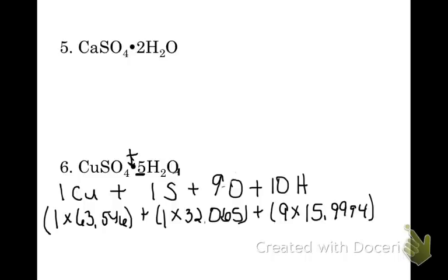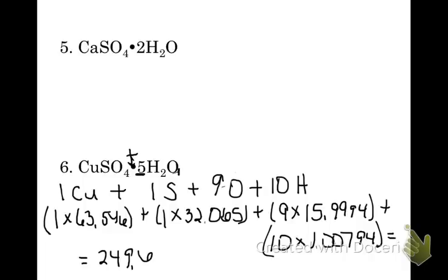I'm sure you've probably memorized that one by now. And then 10 hydrogens, so 10 times 1.00794. Put that into your calculator, add them up. I ended up getting 249.685, and that was grams per mole.